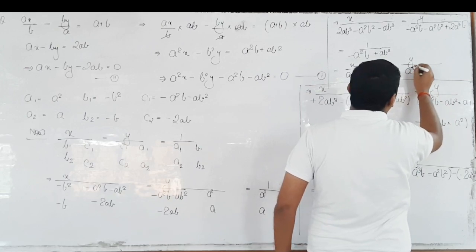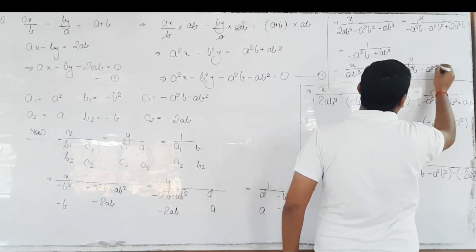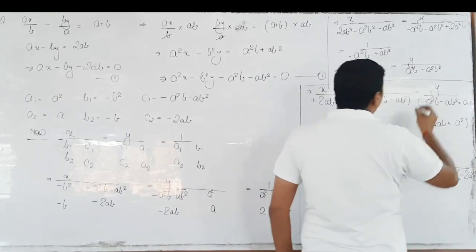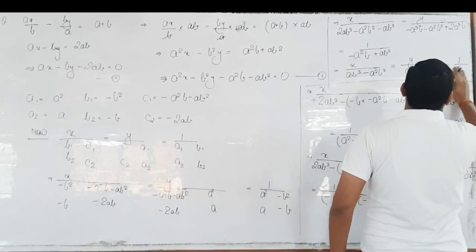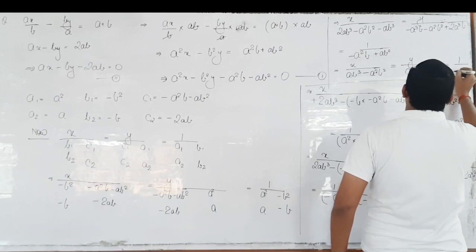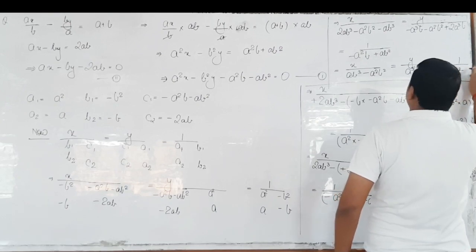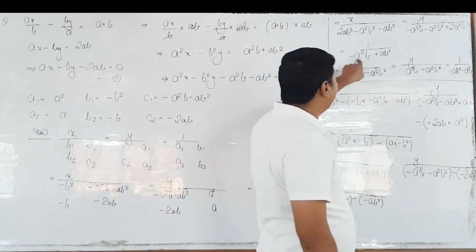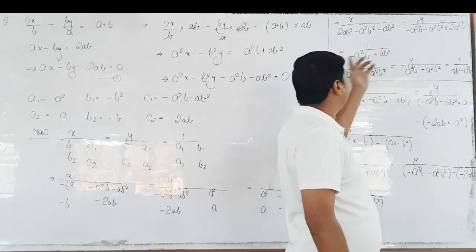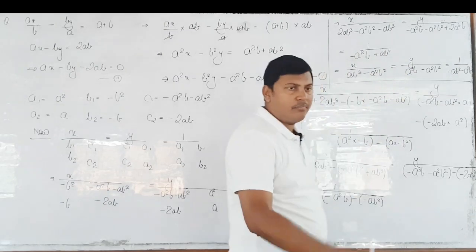So it's a cube b minus a square minus b square. 1 by minus ab square minus a square b. I have written the negative part inside and the positive part outside.